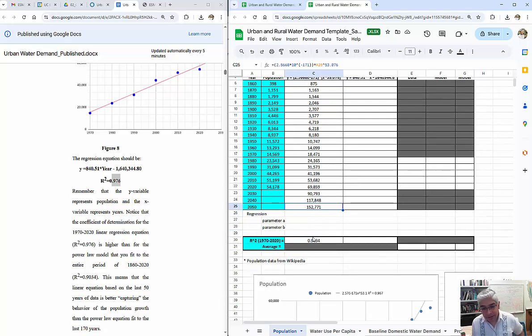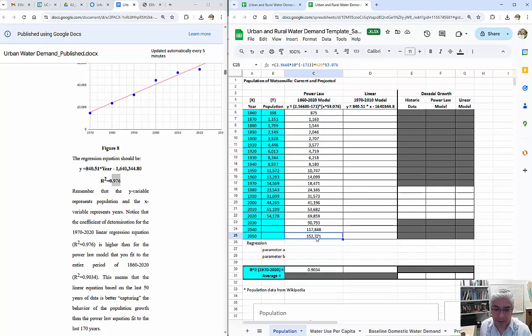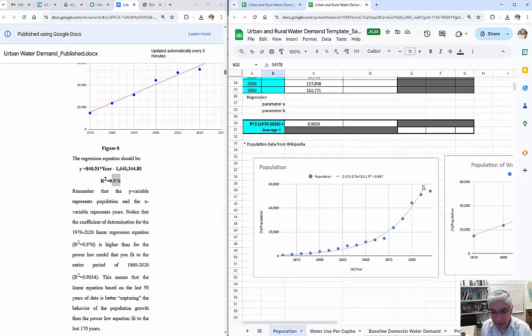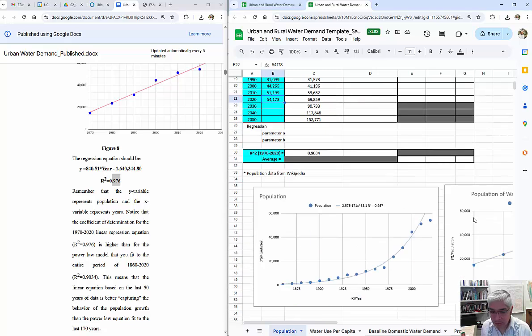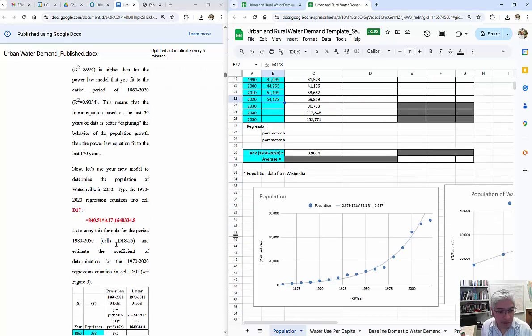Something you're going to see is that right now it's predicting that by 2050, using the power law model, we're going to have 150,000 people living in Watsonville, which is quite a lot considering that in 2020 it's only 55,000. So I don't think this can be realistic. That's why we are using a different model.